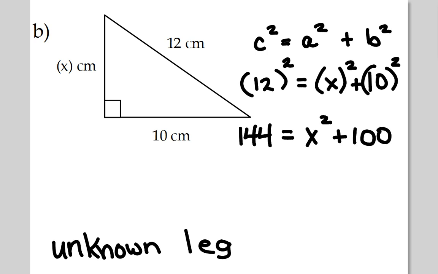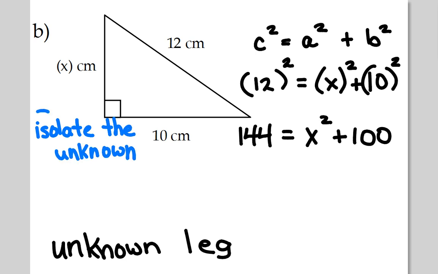Now staring at that equation, what do you want to solve for? Obviously, x. In algebra, what you're trying to do is isolate the unknown. The unknown is x.